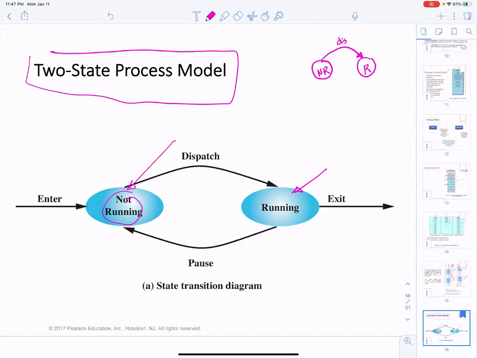So the process would move from a not running state to a running state. So when the dispatcher decided that this process would be executed now, the process will move from the non-running state to the running state. And if the process is completed, then the process will exit the system. And of course, once a process enters the system, immediately the process will be identified as a non-running state.